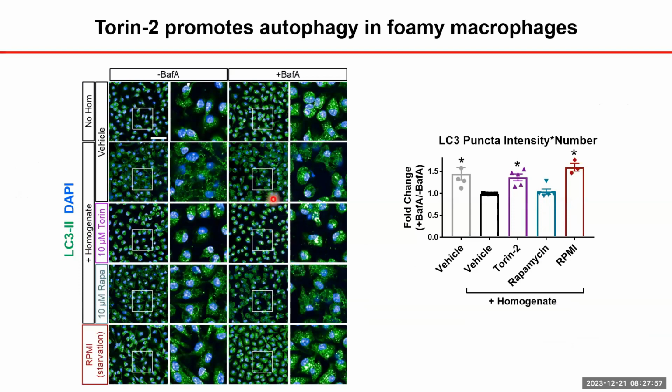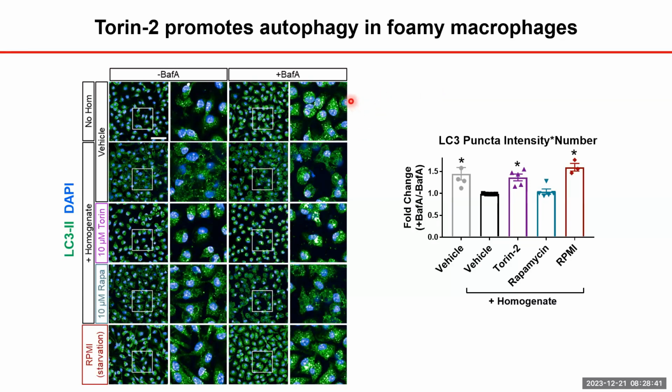This was a tricky assay to set up in the lab. What you have to do to do it properly is to add bafilomycin A. On the left 2 columns are without bafilomycin A, and the right 2 columns are with bafilomycin A. What adding bafilomycin does is like turning the faucet on in your sink: you want to see the flow of the water, so you want to plug the drain.